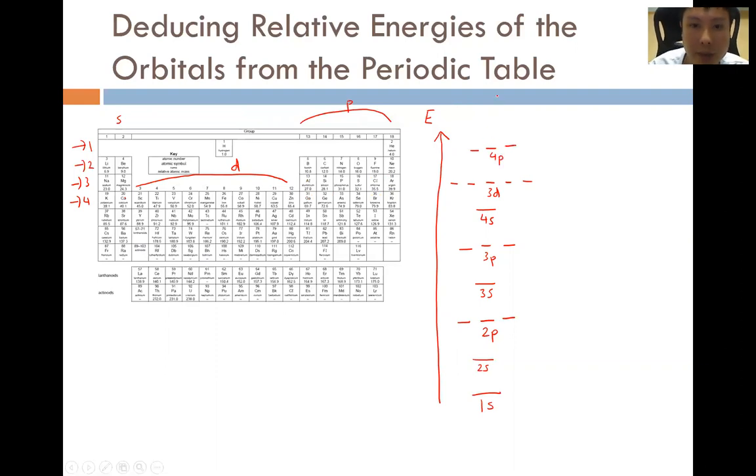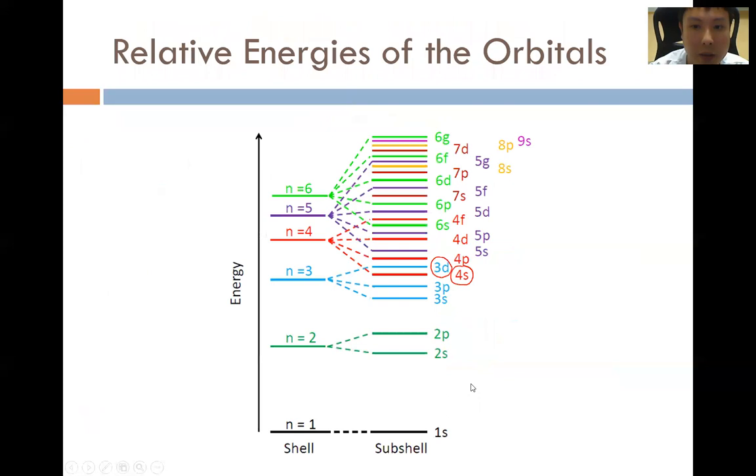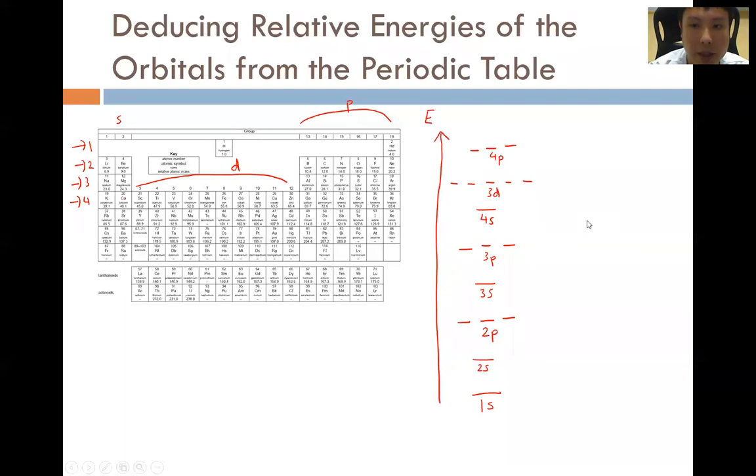And you can convince yourself the way that you read this periodic table will give you the correct relative energy of the orbitals. You can just double check with this part. It will give you the answers even if you work out all the way until principal quantum numbers 4, 5, or 6, so on and so forth. Okay, so that's to figure out the relative energies of the orbitals from the periodic table, and it's important.